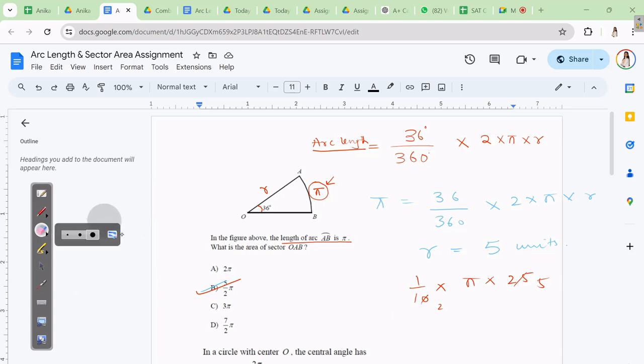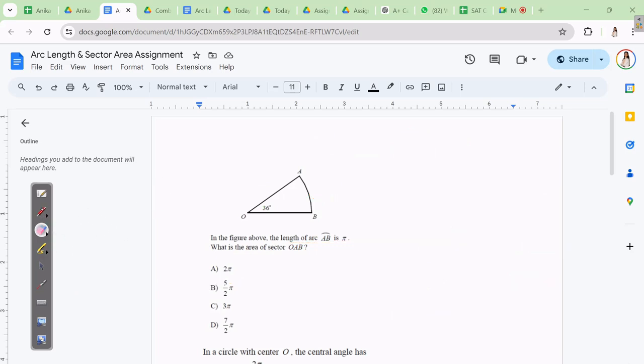Okay, now you can expect a lot of questions like this. They could have framed this question like this as well: let's say that the area of this sector, they will give you the area. It is 5 over 2 pi, and the angle is given, and you have to find out the length of the arc.